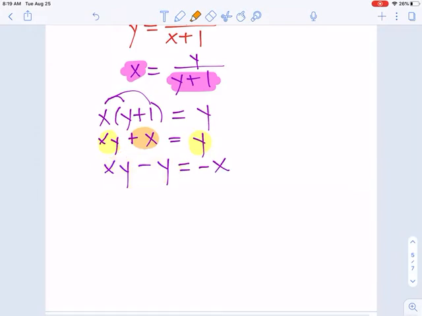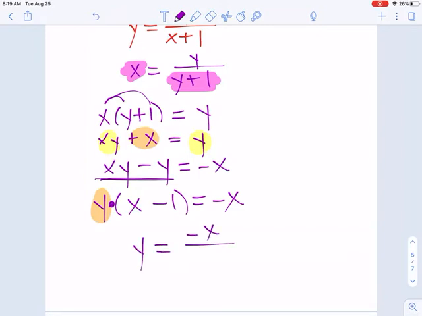Okay, so now, since both of these have a y in their terms, I'm going to go ahead and factor out a y, leaving x minus 1. Finally, we're left with just that one y.